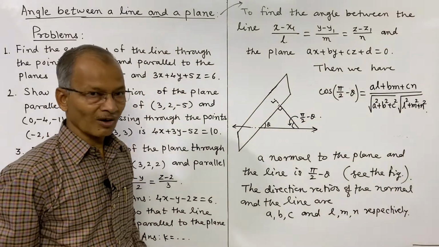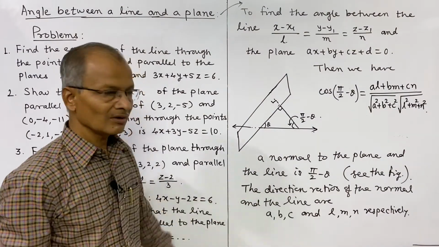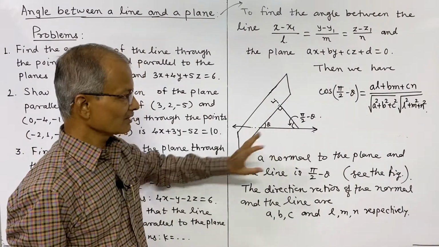So this is the formula that we know for angle between two lines if the DRS of the two lines are known.